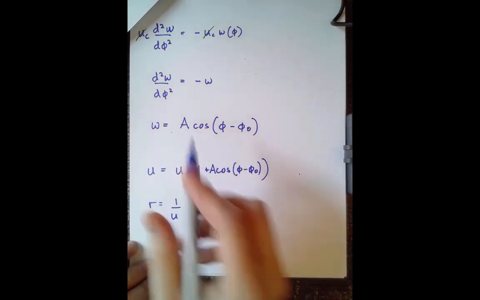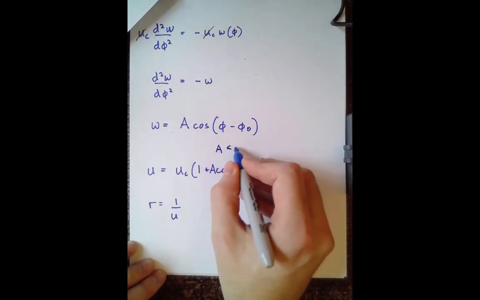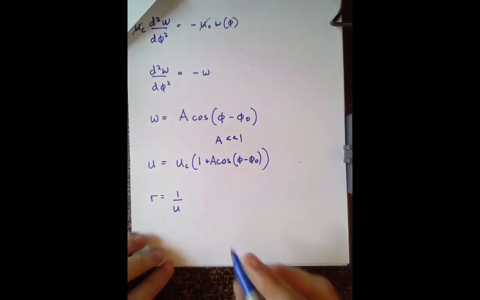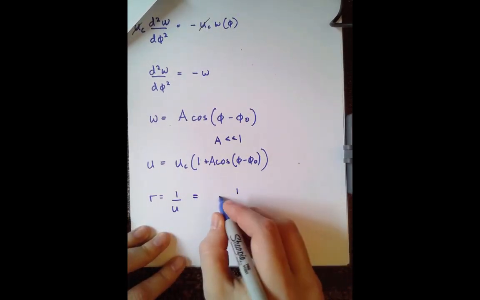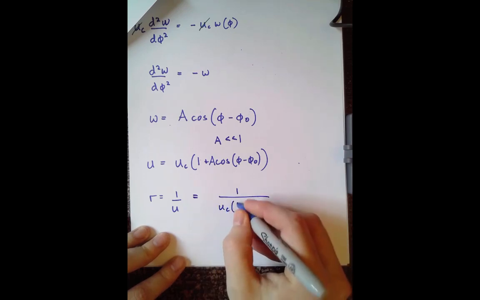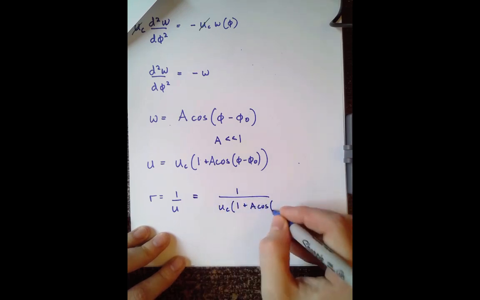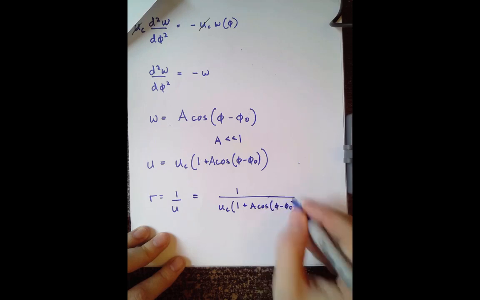By the way, w being small means that a itself is very small. I should note that. So r is 1 over u, which is equal to 1 divided by u_c times (1 plus a cosine of (φ minus φ₀)).